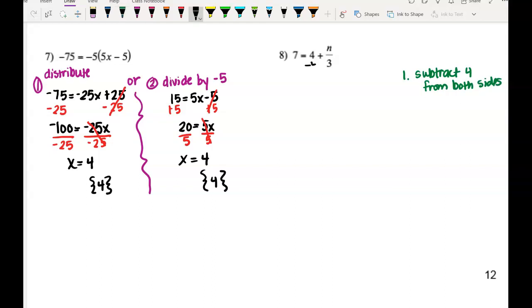So if I subtract 4 from 4 and 4 from 7, I'm left with 3 equals n divided by 3. Now I can undo my division, and I undo my division by multiplying, so the second step would be to multiply both sides by 3.